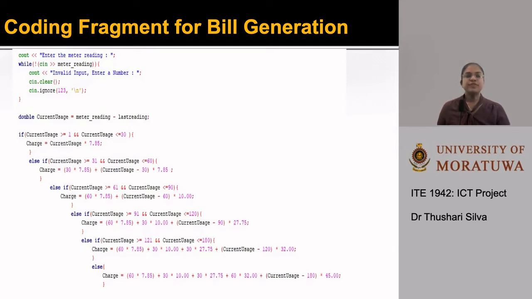You might observe that we have applied if-else statements for different ranges. Make sure that the first 30 units will be charged one rate, and units going beyond 30 and up to 60 will be charged another rate. And if you are going above 60 and below 90, one rate will be applied that's different from the other two rates.